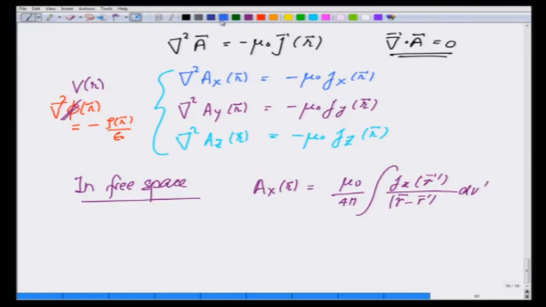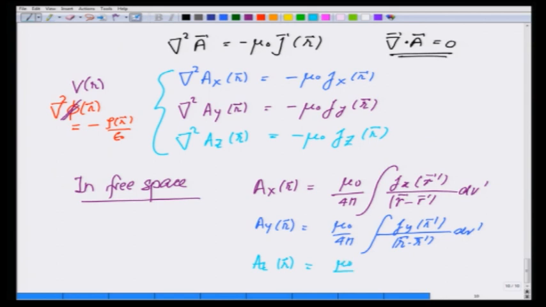Similarly, A_y(r) is going to be mu naught over 4 pi integral J_y(r prime) over modulus of r minus r prime dv prime, and a similar equation for A_z(r) is equal to mu naught over 4 pi integral J_z(r prime) over modulus of r minus r prime dv prime.